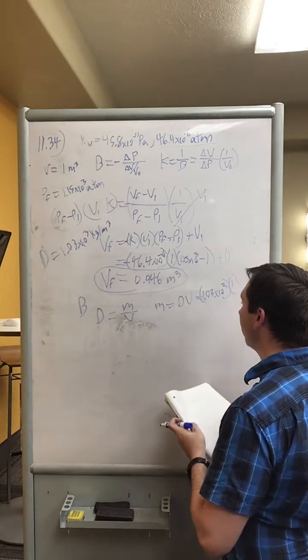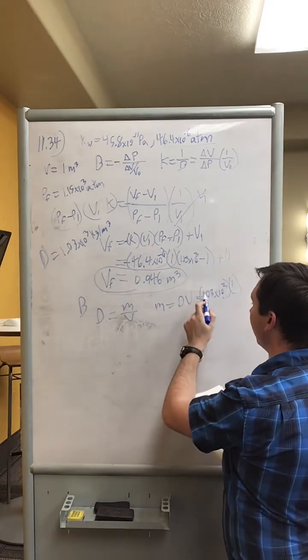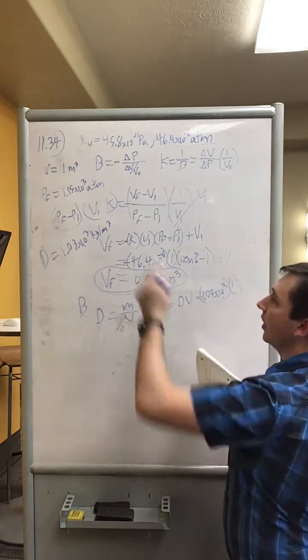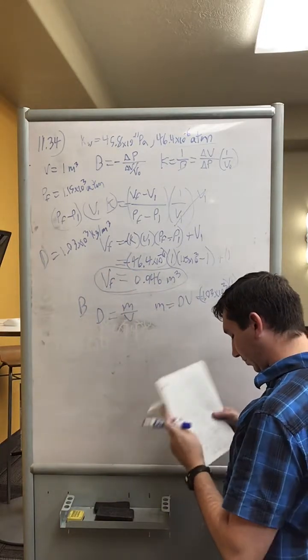So we have 1.03 times 10 to the 3 kilograms of water in 1 cubic meter.